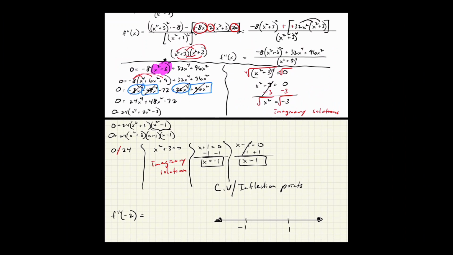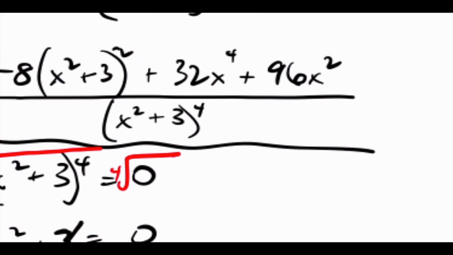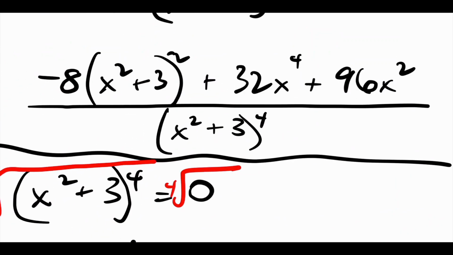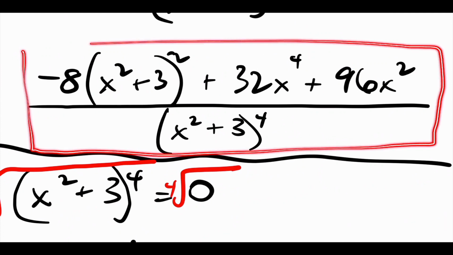Okay, so I'm not going to actually do any work for this one because I'll show you in a second. This is the guy I would plug it into. This is the guy right here that I would plug it into. Does anyone know why I would not need? I could do this in my head.